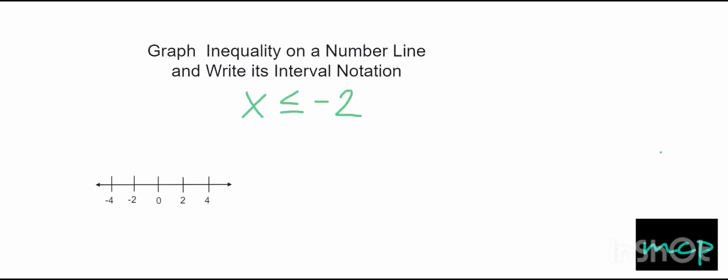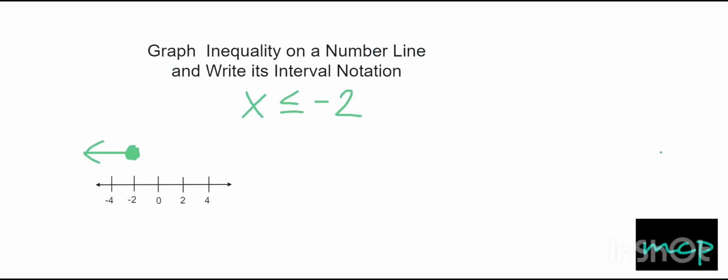So let us now do x less than or equal to -2. And in this case, -2 is included. So you have to use a solid circle and then a ray to the negative infinity because it says less than. Okay, so that is the graph of less than or equal to.